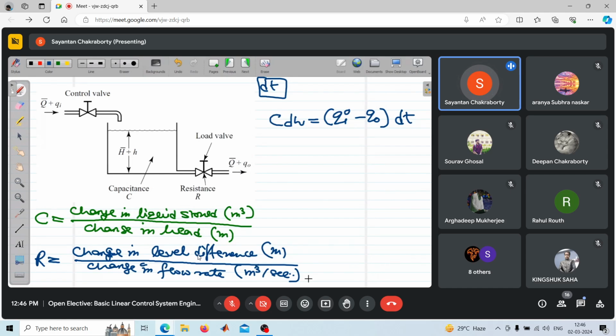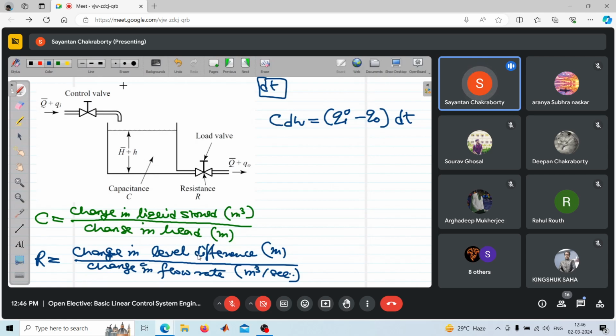Now, what does resistance mean? It is the change in level difference that is necessary to cause a unit change in flow rate. Similarly, the capacitance of a tank is defined as the change in quantity of stored liquid necessary to cause a unit change in the head of the liquid.